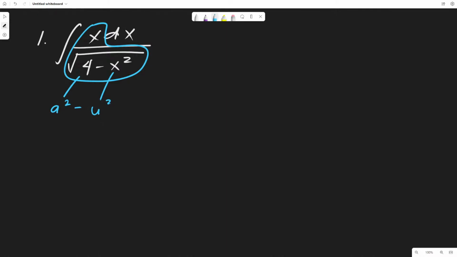And if we have this, what did we say? If we have a squared minus u squared, let u be equal to a sine theta. Since this satisfies the condition, what is u here? u squared is equal to x squared, so taking the square root, u is equal to x.